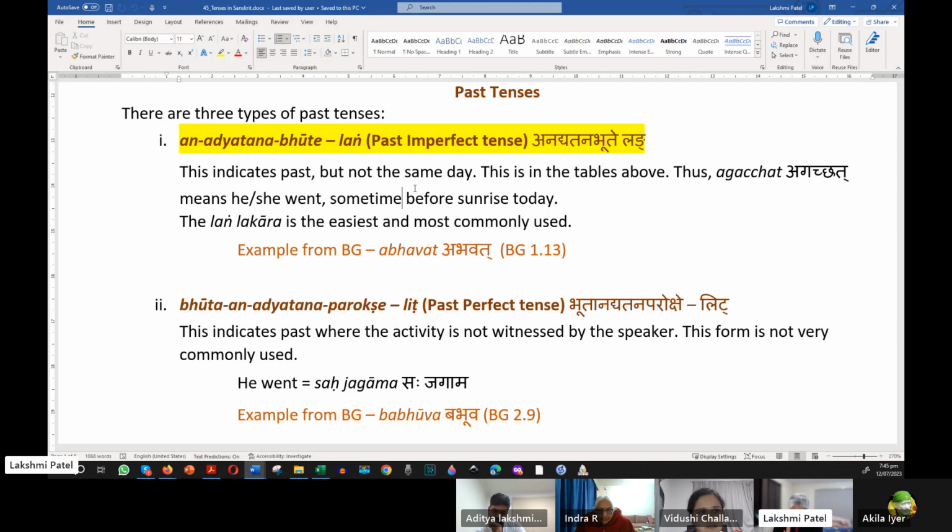Anadyatana. So repeat after me. Anadyatana bhute lang. Okay. So this is the most commonly used.